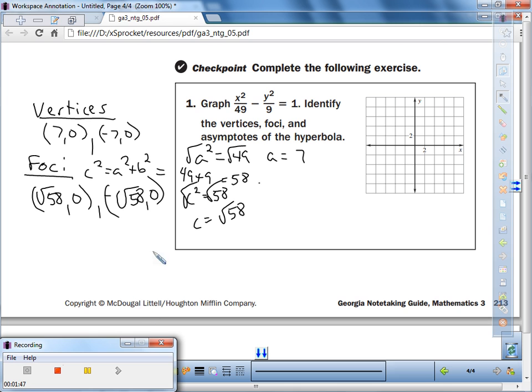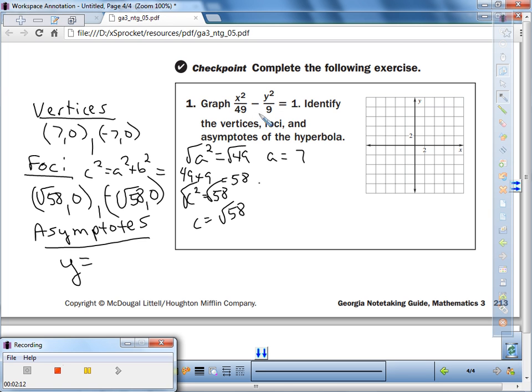Now, the only other thing we need to do is come up with the asymptotes. For that we need a and b. Remember that for the equation of our asymptote, you can either memorize a over b or b over a, depending on if it's vertical or horizontal, or just remember that it's got to be your y over your x, so it's rise over run.